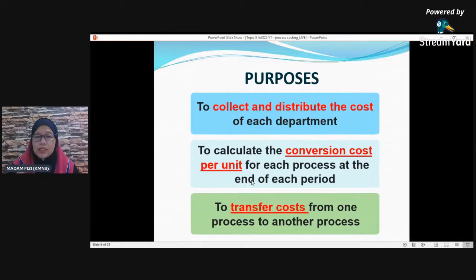So, yang saya gariskan tu, ini yang kita nak belajar dalam topik ini. Conversion cost and also the transferred cost. Sebab kita belajar proses, dia akan beralih daripada proses 1 to proses 2, proses 2 to proses 3. So, dia ada transferred cost.